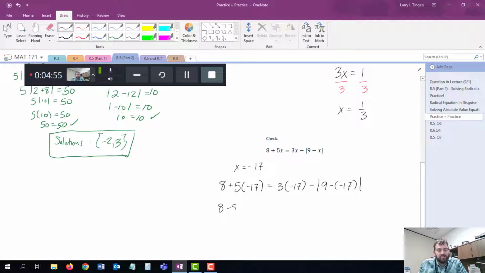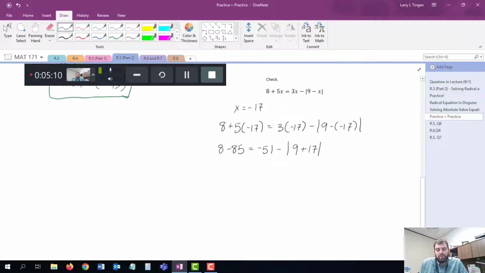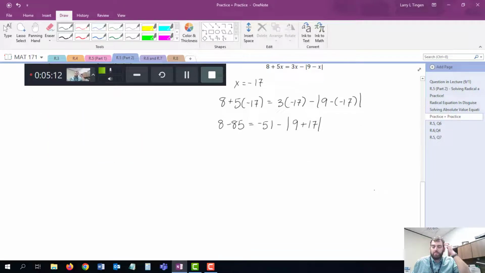So 5 times -17 is -85, is equal to 3 times negative 17 is negative 51 minus absolute value 9 minus negative 17 is plus. Absolute values work like a parentheses when it comes to order of operations, so whatever's inside has to be done before I take that out.